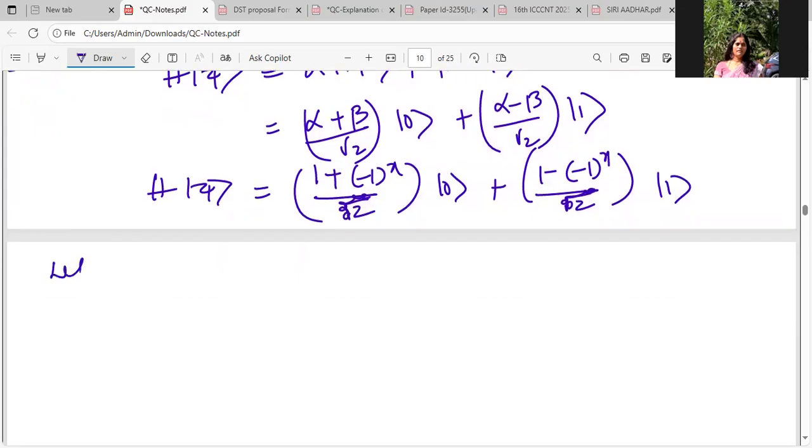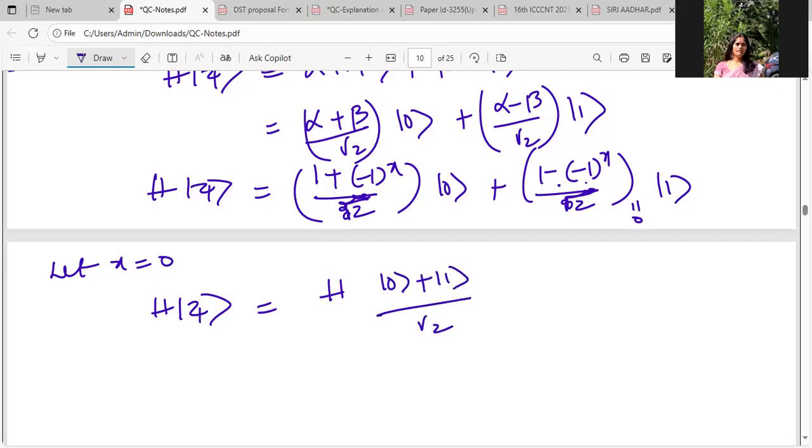Now, let x be equal to 0, then what would H ket xi be? If x is equal to 0, what happens to H ket xi? Anything power 0 is 1 here and here. So this term goes to 0 and I will be left with H of ket 0 plus ket 1 by root 2.